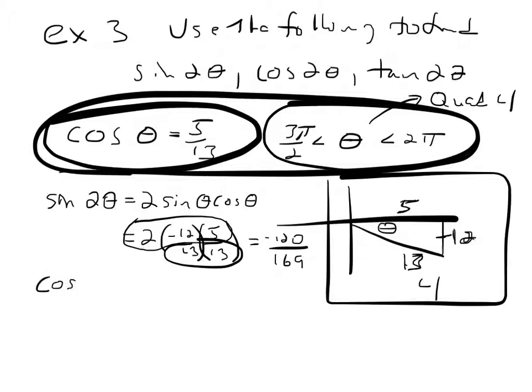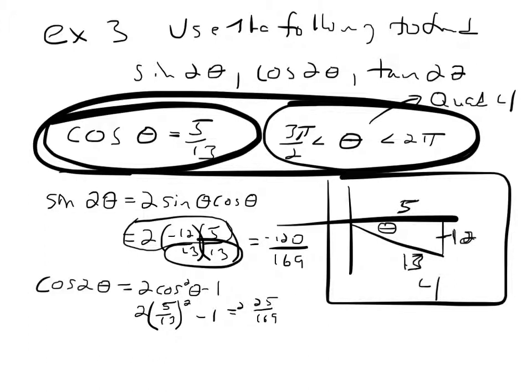Now, I'm supposed to find cosine of 2 theta and tangent of 2 theta. So what's the equation for cosine of 2 theta? There are several of them, but I'm going to choose to use 2 cosine squared theta minus 1. When I sub in my numbers, I get 2 times cosine of theta, which is 5/13, squared, and then I subtract 1. 5/13 squared is 25 over 169.